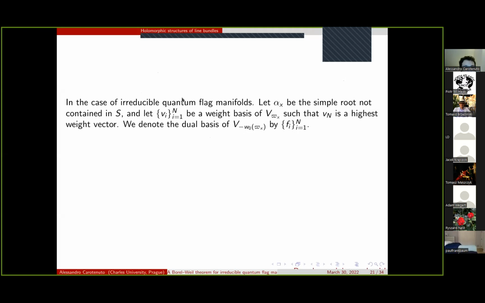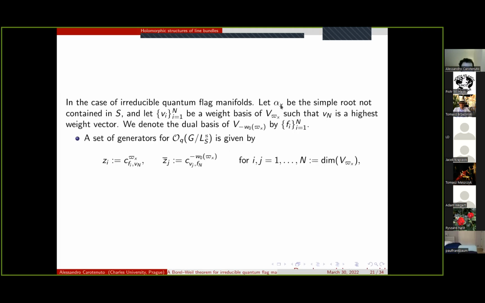Remember that for an irreducible quantum flag manifold, we have only one simple root which is not contained in S. We denote by v_i, i going from 1 to n, the weight basis for the corresponding U_q(g) module V_{π}, the one such that v_n is the highest weight vector. Here n is the rank of the Lie algebra, of course.